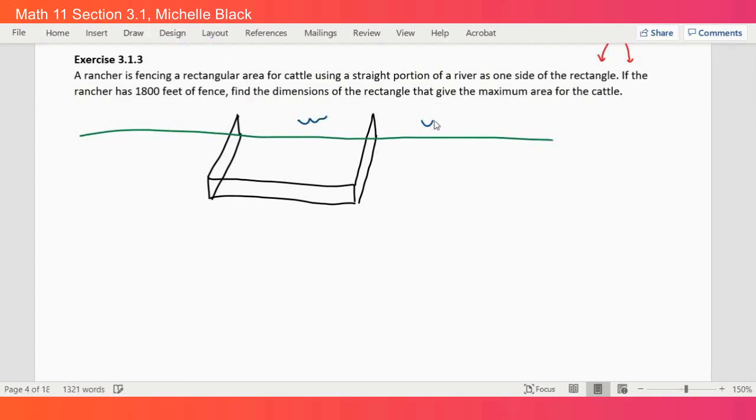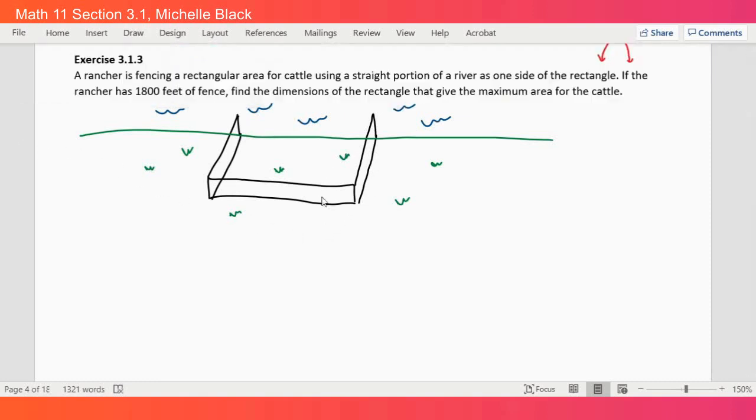Water. And you're assuming that the cattle are not going to walk into the river. Okay, so we have basically, like, I'm going to say grass over here with 3 sides of the fence, and then we have the river being one side of our enclosed area.